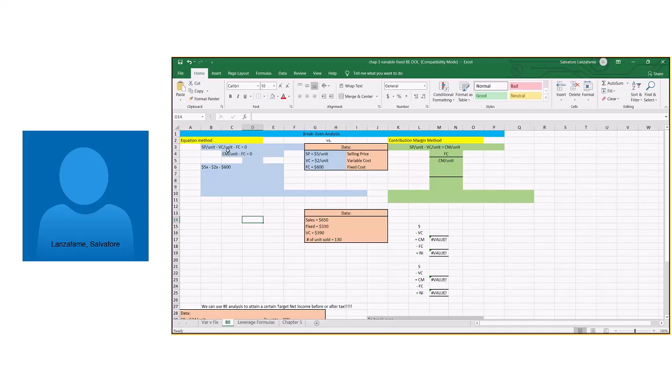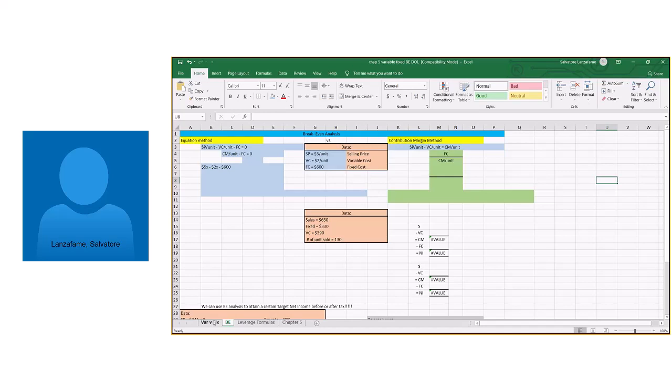So you'll see I have here CM per unit. The definition of CM is right here, so let me put that in the same color blue. If someone said to you, hey, how do you calculate contribution margin? You would simply go selling price minus variable cost.